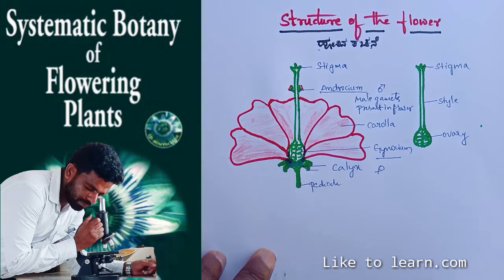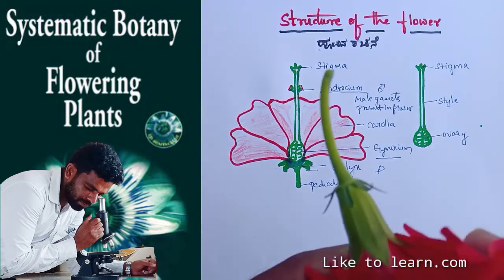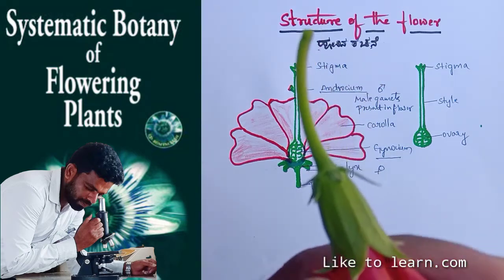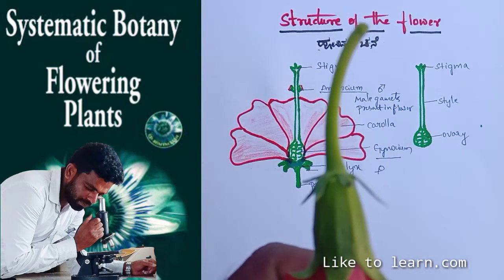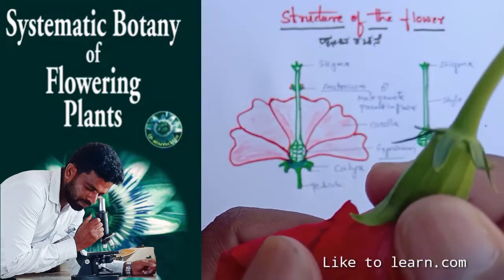The calyx is the outermost whorl of the flower. The whorl is composed of green colored units called sepals. They protect the bud condition of the flower. See, this is the calyx which protects the bud condition of the flower.